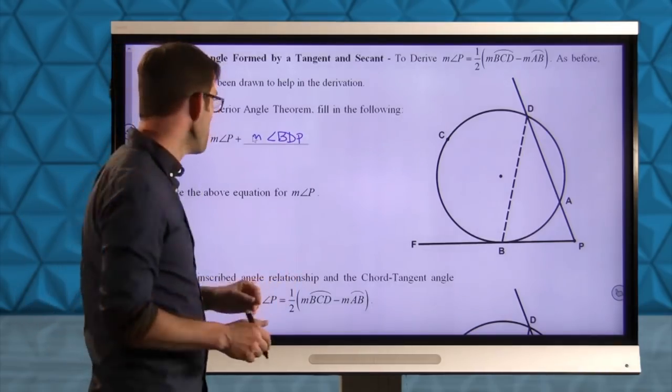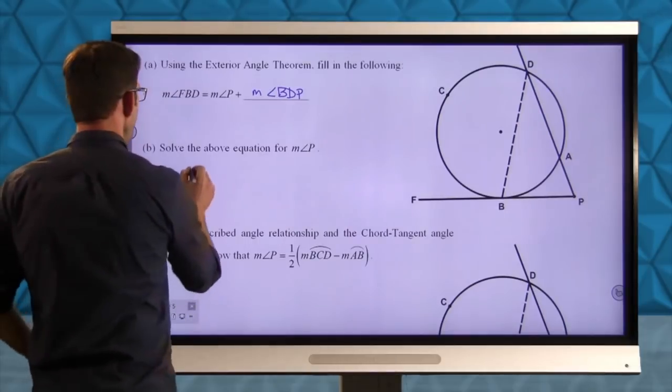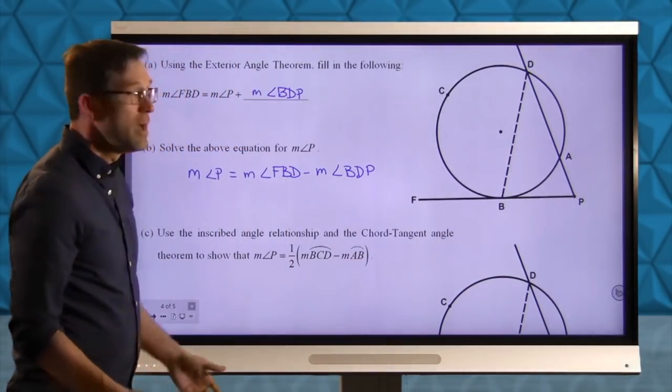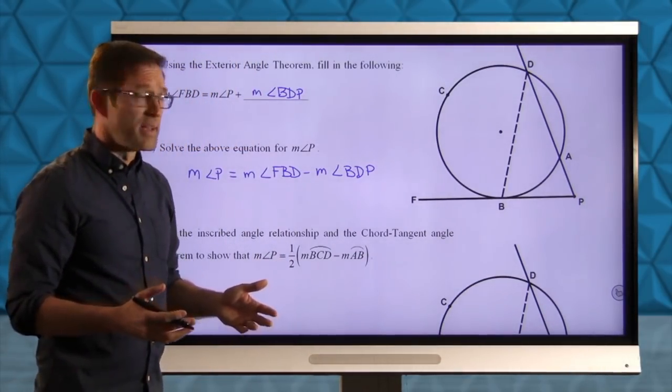All right, again, it should be piece of cake, right? The measure of angle P is simply the measure of angle FBD minus the measure of angle BDP. All right? This should feel pretty familiar to the last one, right?